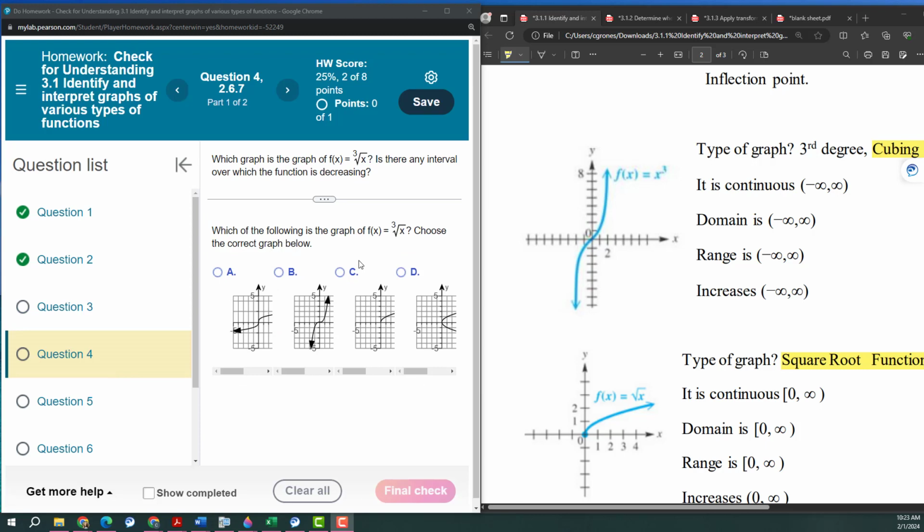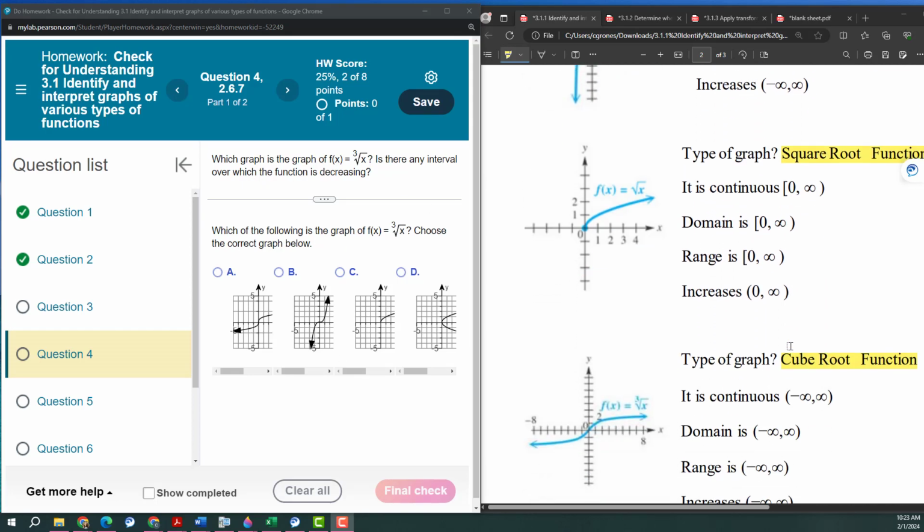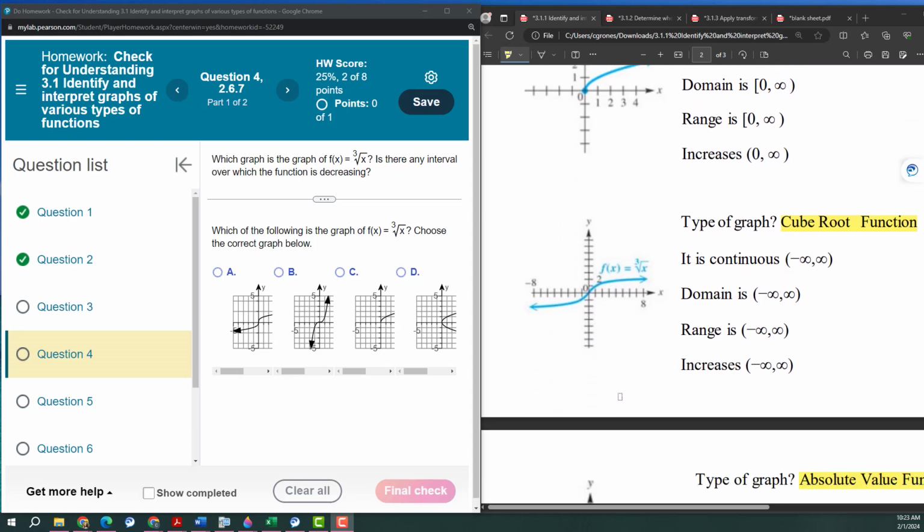Okay, number 4, we are looking at this graph. It says, which graph is the graph of f of x equals the cube root of x. So we do look at this one in our notes.